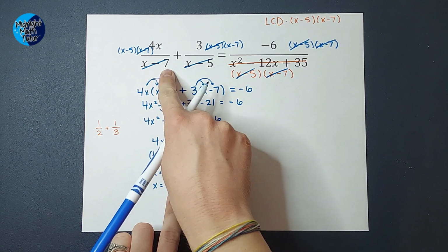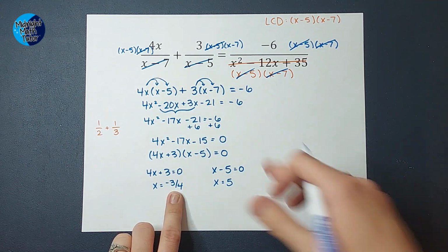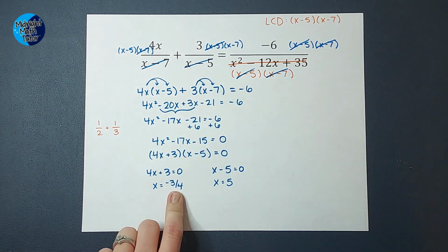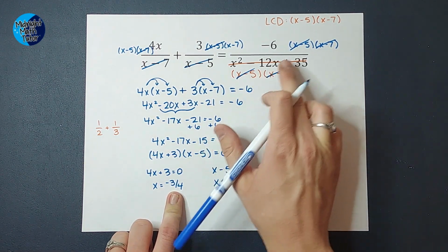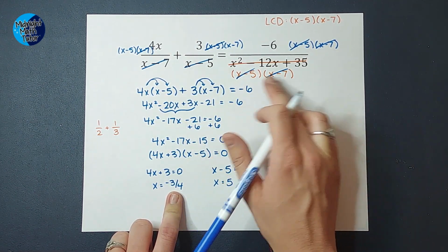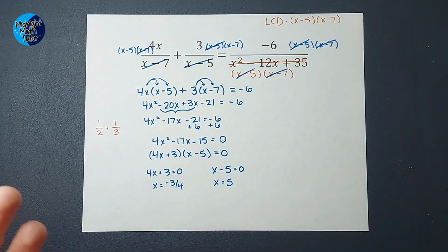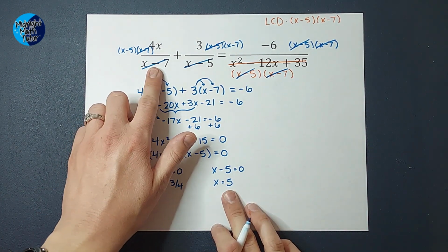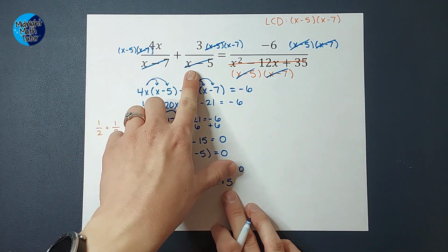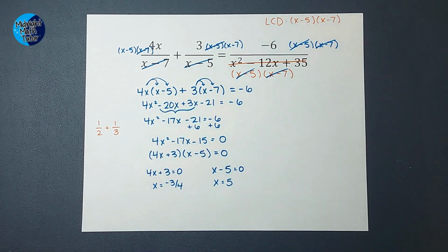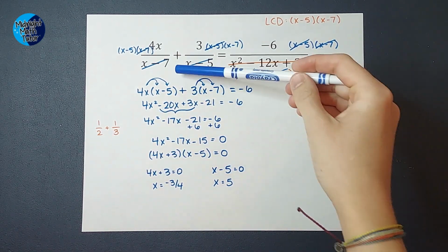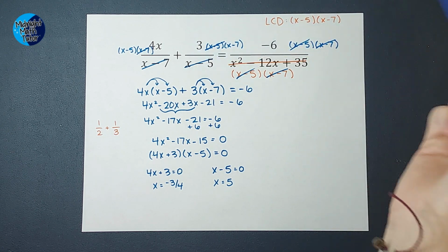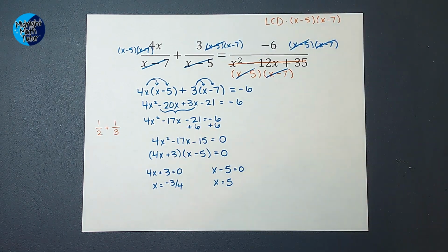So negative 3/4 minus 7, that's not going to give me a 0, right? Negative 3/4 minus 5, that's not going to give me 0. And then this guy was just those two multiplied together, so I know it's not going to give me a 0, right? Now 5 minus 7, that's going to give me a negative 2, so we're good. 5 minus 5 is going to give me a 0, okay? If I plug in 5, I'm going to end up with 3 over 0, which is not okay. So guess what?